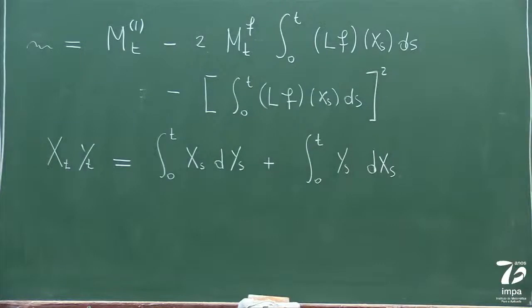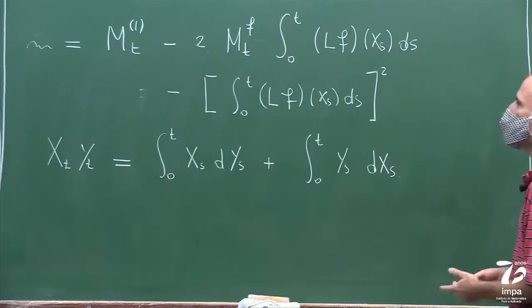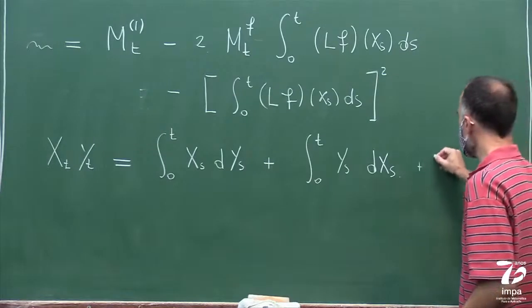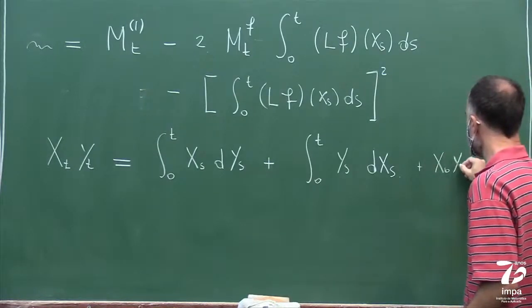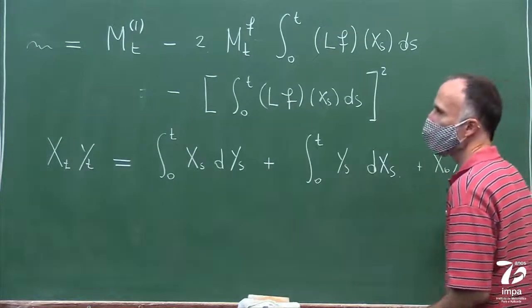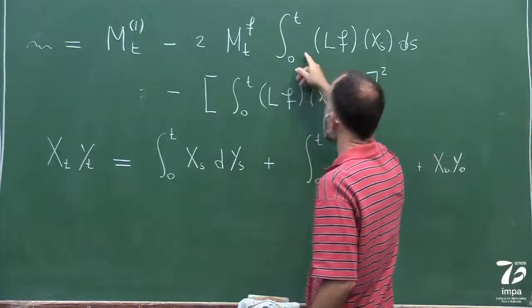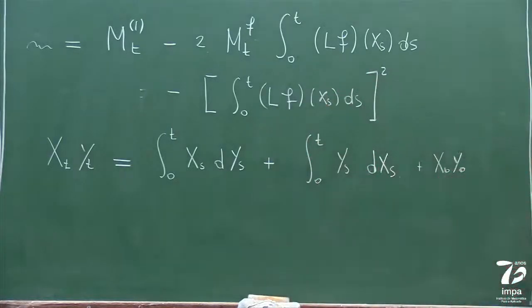Okay, well, you can justify this identity, and plus a constant, which is the one you get at time 0, but I will apply this to a term which is 0 at 0, so that will never appear.